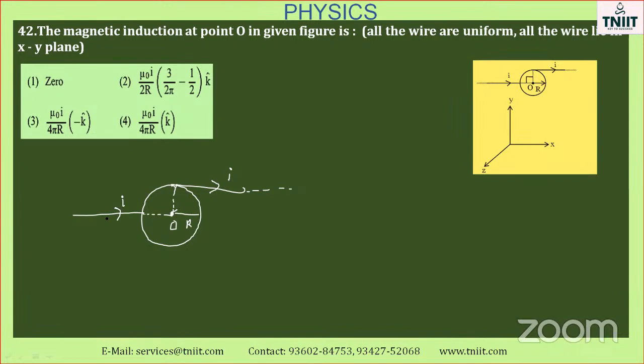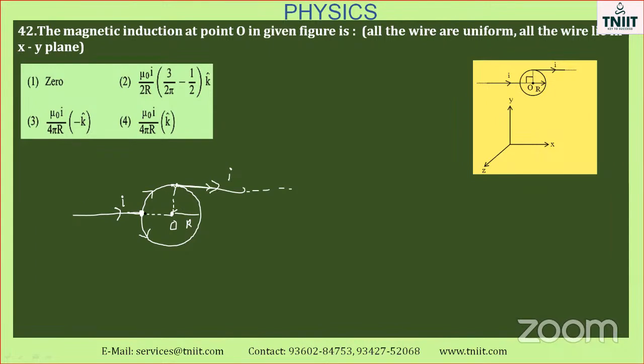That is induction at the point O. Look at this very carefully. Whenever this current enters here, this current will split like this, and this current exits over here.